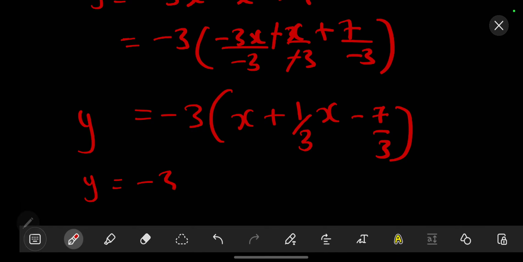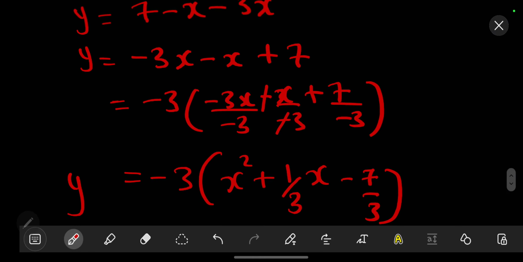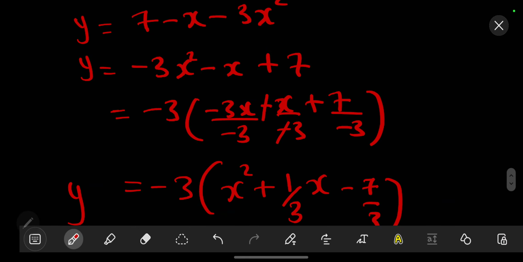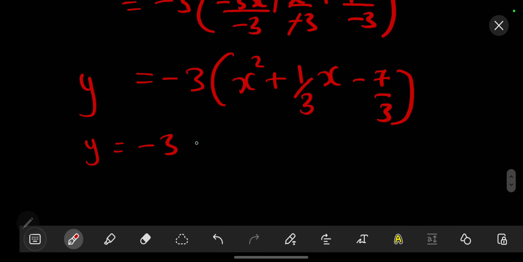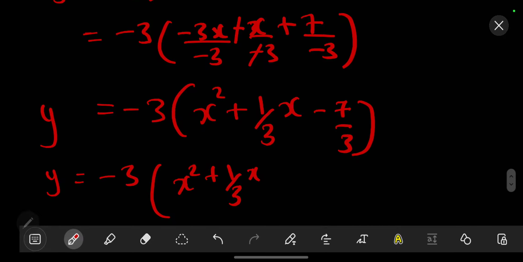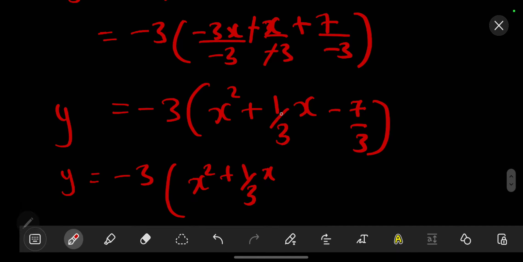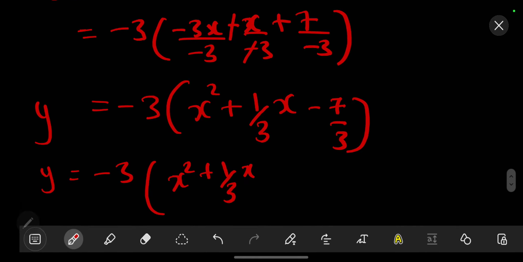So our y should be equal to negative 3, and this is squared like that. So therefore, we are going to have our x squared plus 1 over 3 x. Then what we are going to do from here is find half of 1 over 3, which means we add the half of whatever b is.